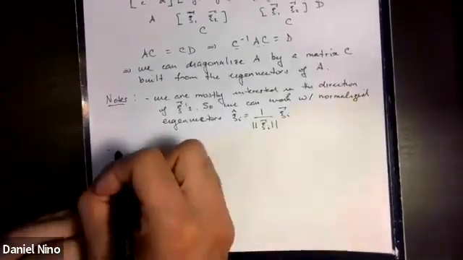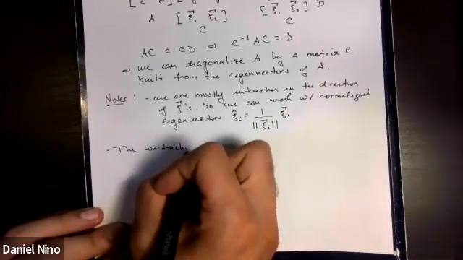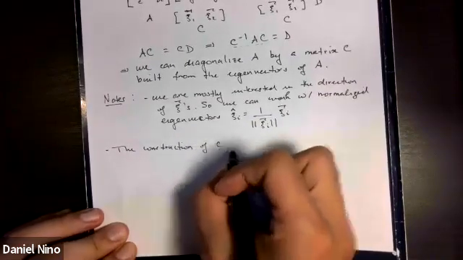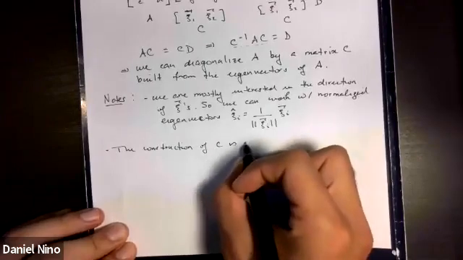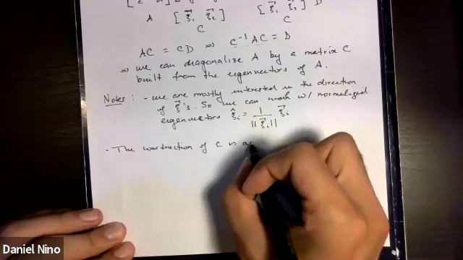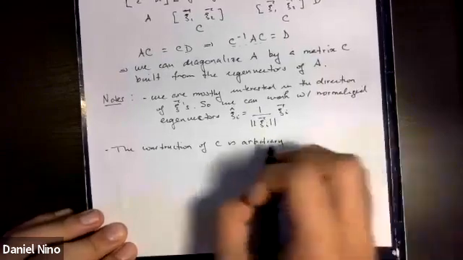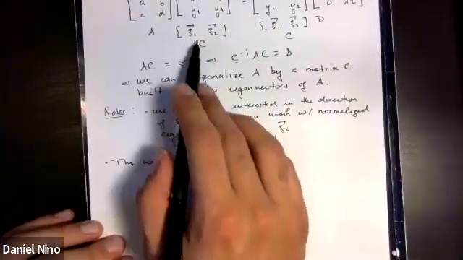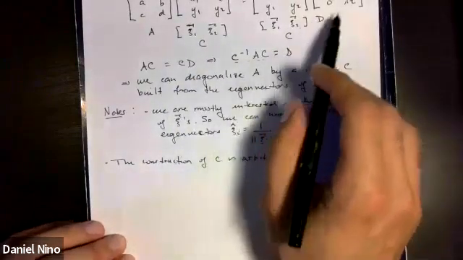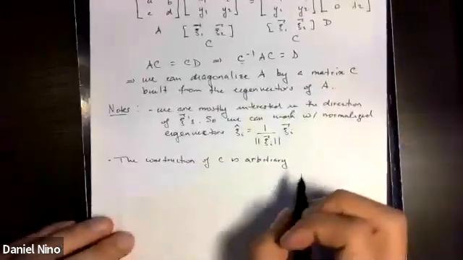The other important thing to note is when you're constructing your matrix C to diagonalize your matrix A, the order in which you put the eigenvectors is arbitrary. In this particular case, we put the first eigenvector over here and the second eigenvector there, and we got a diagonal matrix with eigenvalue lambda 1 up here and lambda 2 down there.